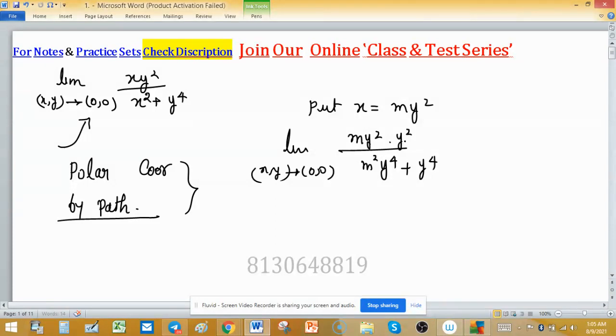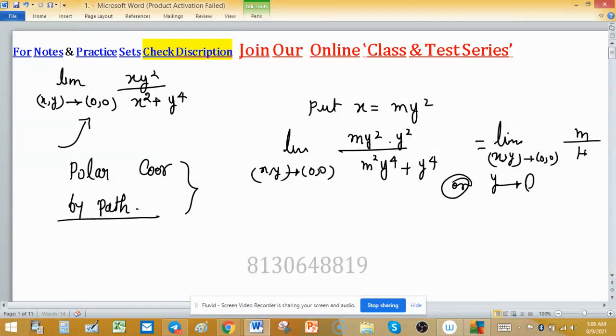Take y raised to the power 4 as common. What we have, as (x, y) tends to (0, 0), is an expression free from y, so you only need to check the limit at 0.